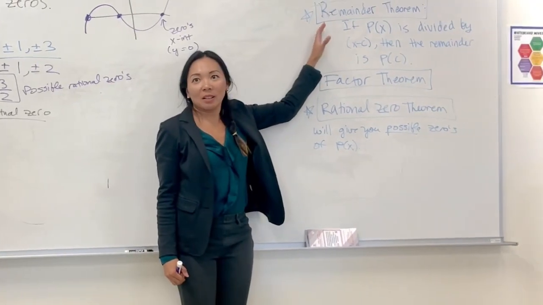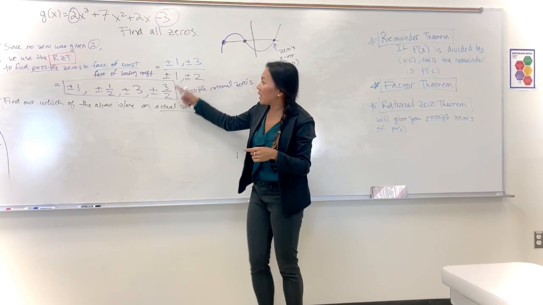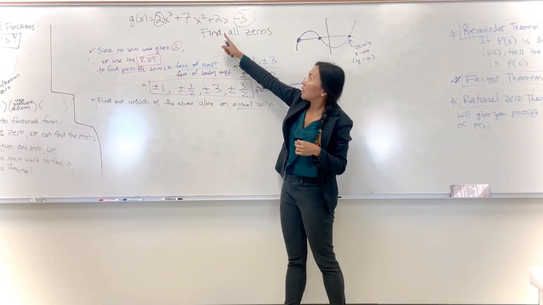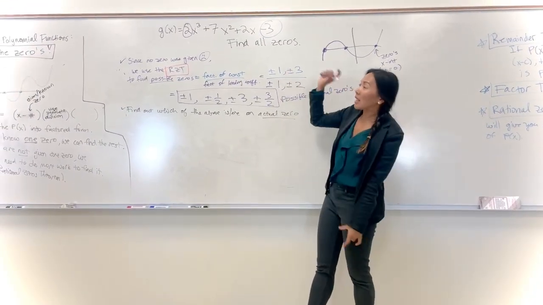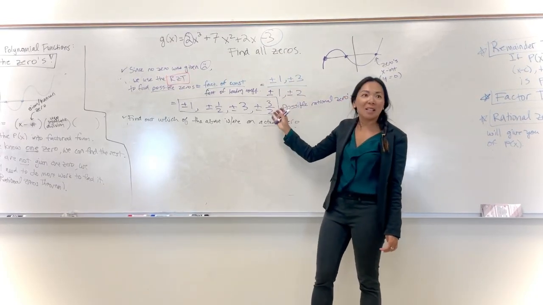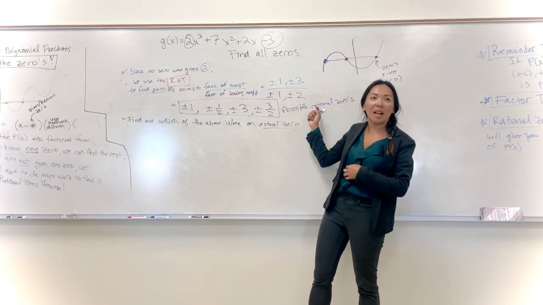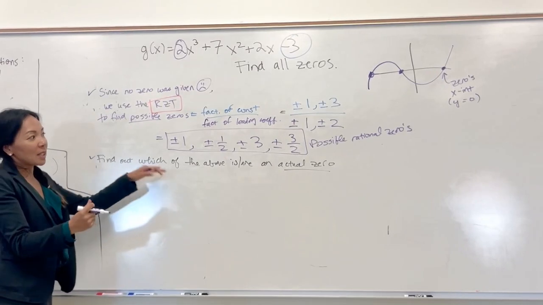The remainder theorem. So remember, if you plug any of these into the function, if you get a 0, the remainder theorem says that 0 means it's the remainder. And if the remainder is 0, then yes, it is an actual 0. So find out which of the above is an actual 0.